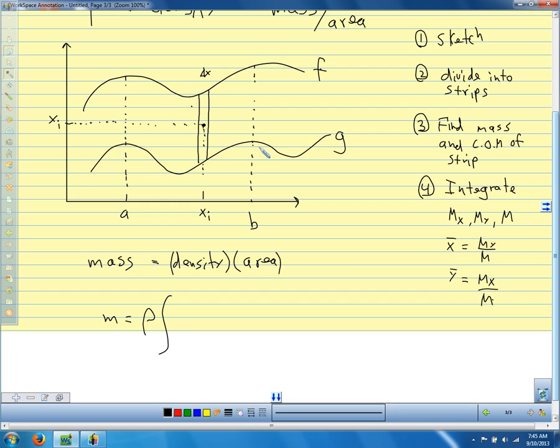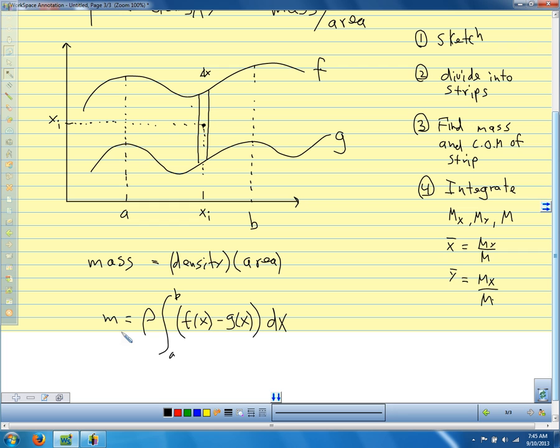Let's set up this integral. X goes from what to what? A to B. What's my integrand? What am I integrating? F of x minus g of x, right? dx. There's my total mass.